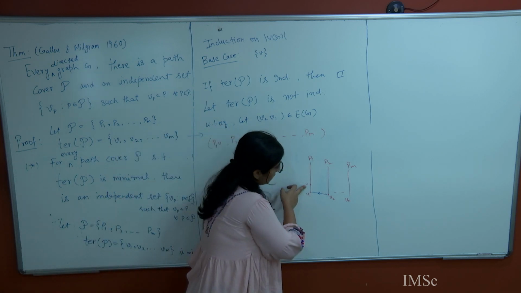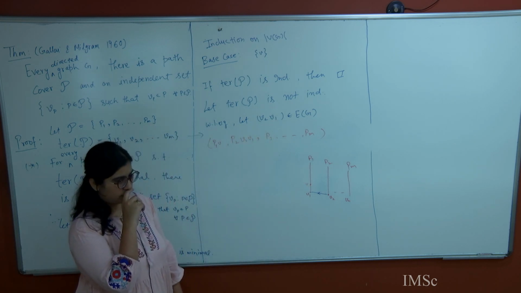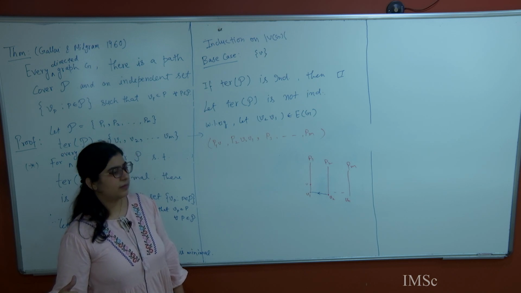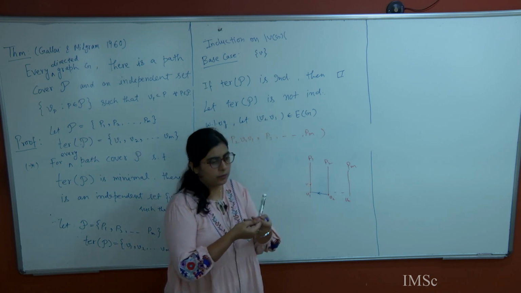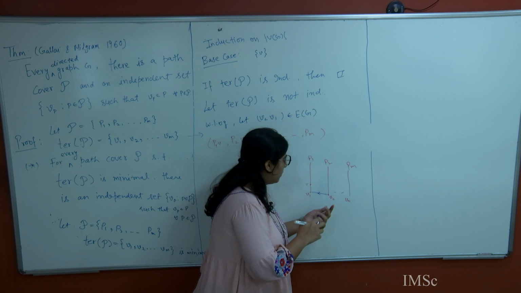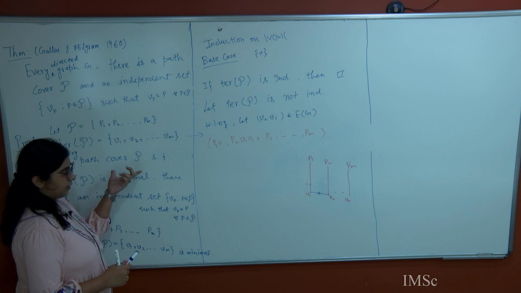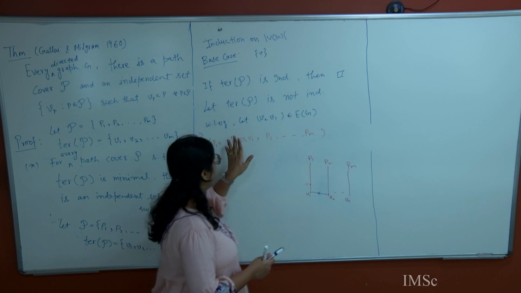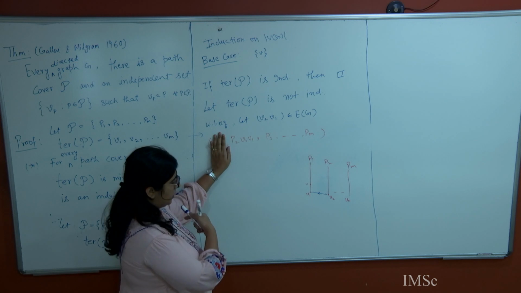But can we make sure that this vertex exists? Yes, it is a path, but it will be there. But we have trivial paths as well. If it's not there, then the number of paths will be less. Yes, exactly. If V is not there and V1 is the only vertex in P1, then it is not a path cover with minimal terminal set, because we can take this path P2, V2, V1, and this new path cover has a proper subset of the terminal set here.